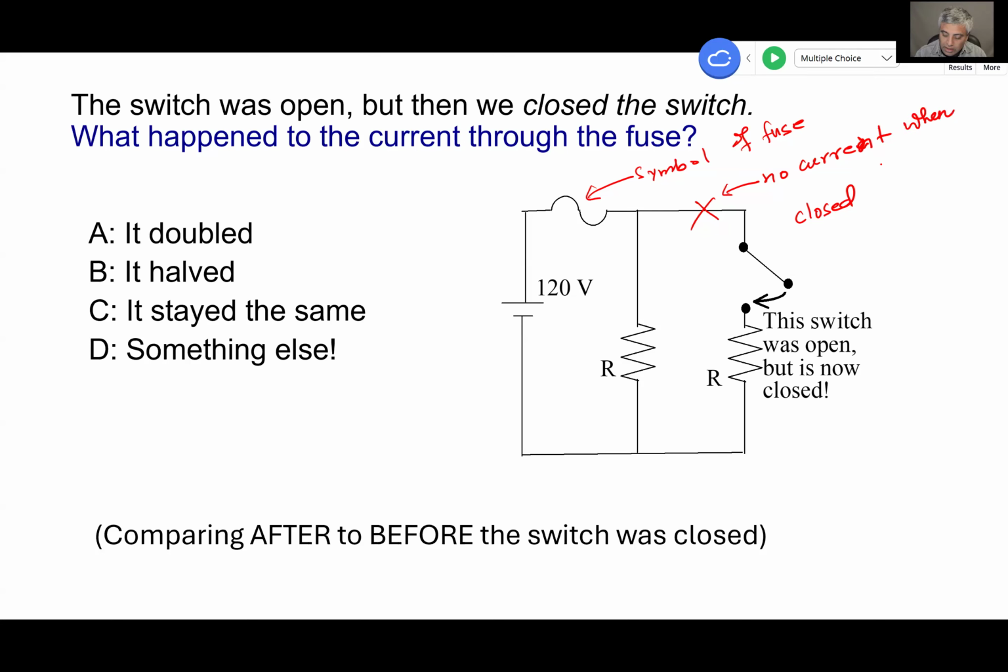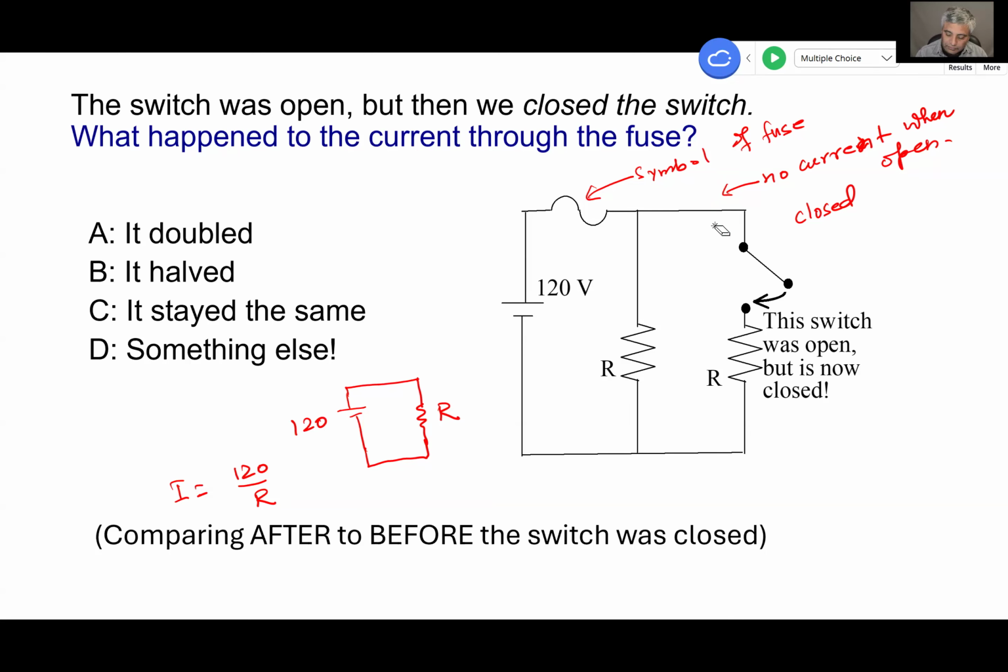When open, we have just this circuit here, just one resistance. So what is current then? 120 over R. We don't know the value of R, so I'll just leave it like that, okay?